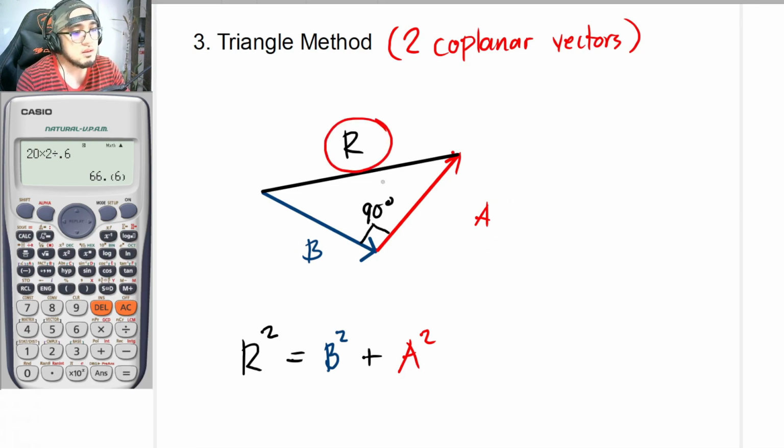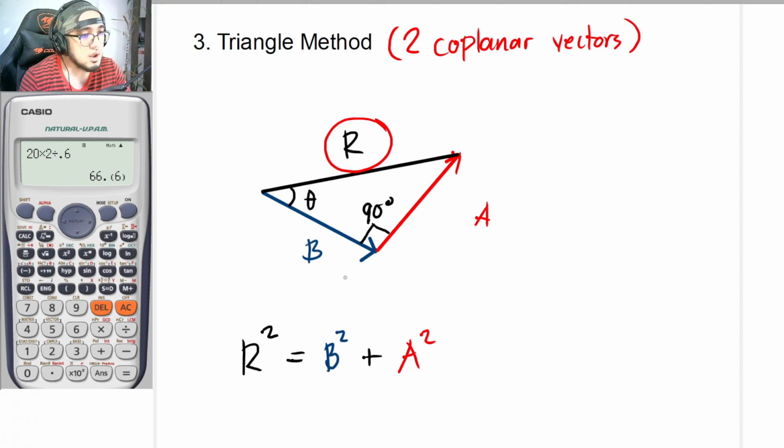So let's say that you already know the value for your R. The next thing that you should solve for is the direction. So for the direction, let's say that you would now be making use of this angle here first before solving for this particular angle. So solving for this particular angle is very basic.